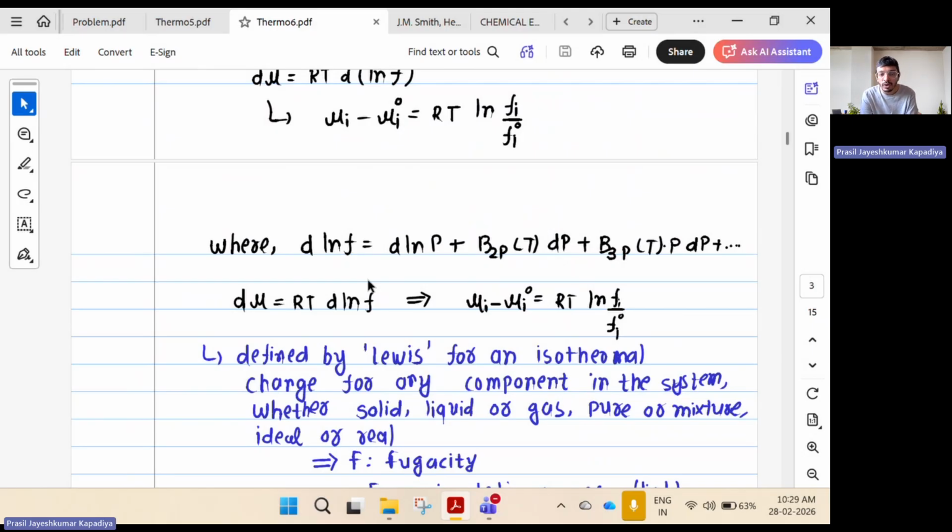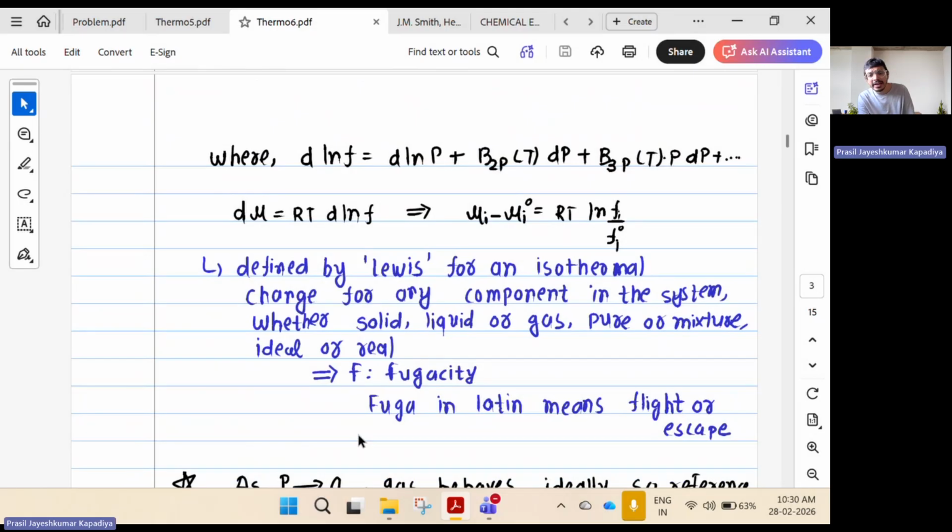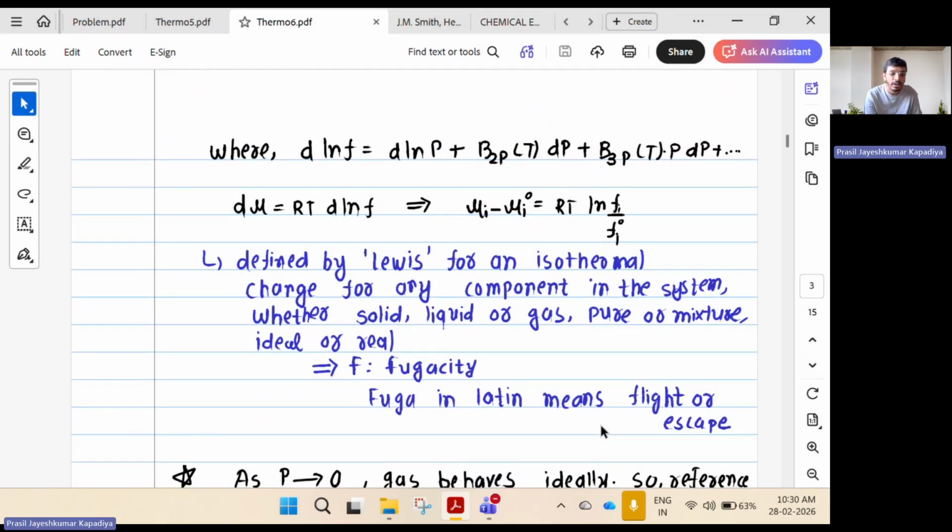Defined by Lewis for an isothermal change for any component in the system, whether it is solid, liquid or gas, whether it is pure or mixture, whether it is ideal or real, we can use this equation to relate the chemical potential to fugacity. This F is called fugacity. Fuga is a Latin word which means flight or escape. This we will come to later when we are interpreting what fugacity really means.